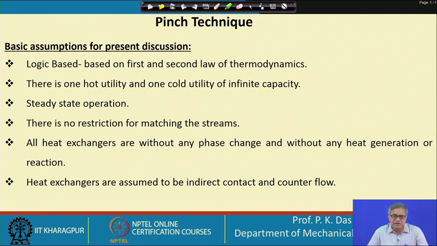But in the present discussion we are considering a very ideal, very simple case: only one hot utility whose temperature is higher than any of the hot stream temperatures and whose capacity is infinite, and one cold utility whose temperature is lower than any of the cold stream temperatures and whose capacity is infinite.